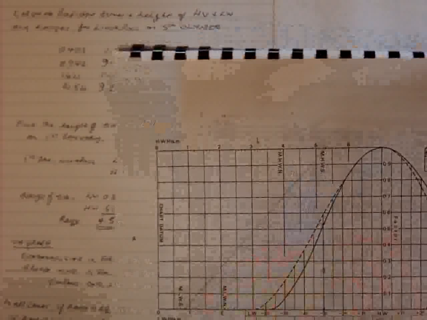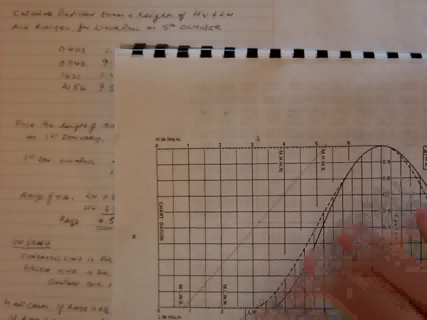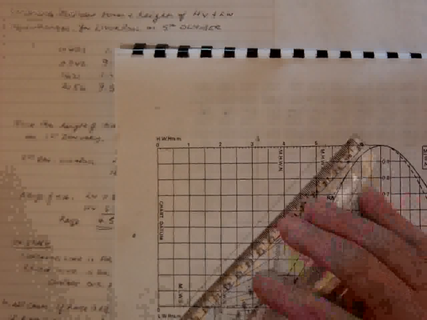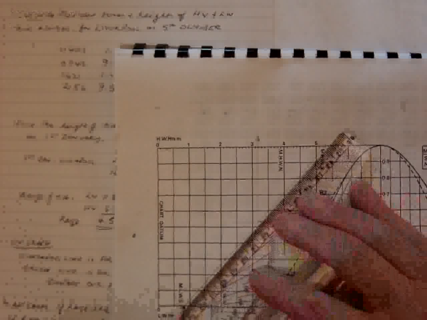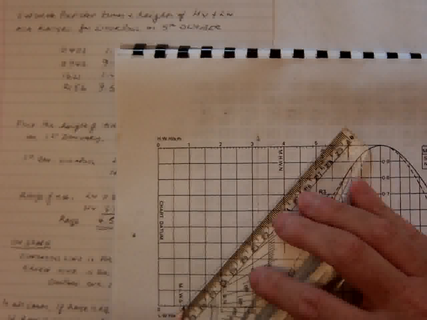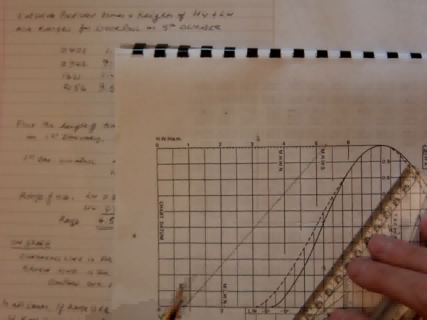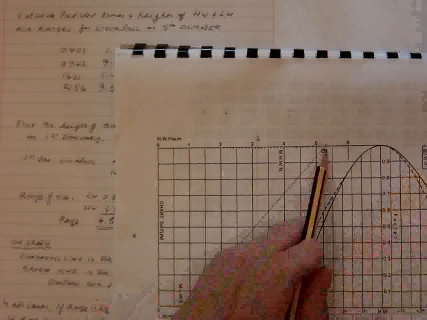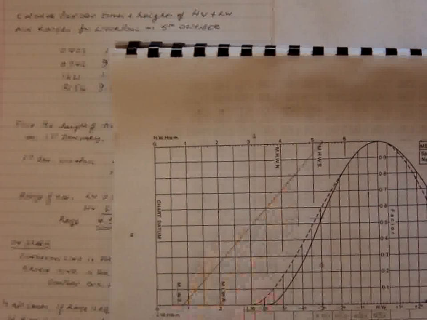So the low water value of 0.8 we go to there, the high water value of 5.3, we go to there. And what we do then, we simply draw a line from the 0.8 up to the 5.3. So that's the low water value and that's the high water value. And our value is going to fall somewhere between those two.